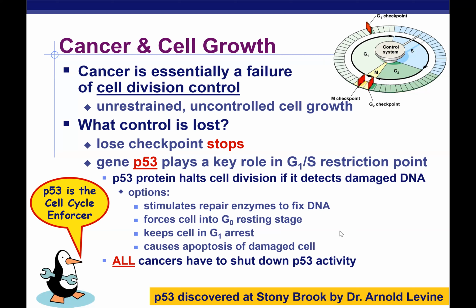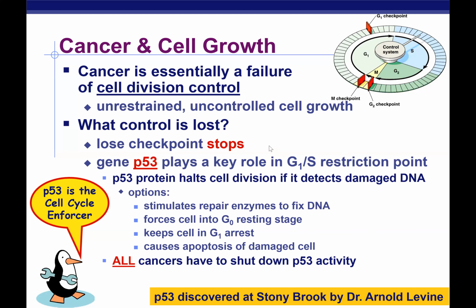We say it induces apoptosis in the cell, or it asks the cell to commit suicide. So this is what normal P53 does. When it finds the dividing cell's DNA is damaged, it first tries to repair it. If it is not able to repair it, then it causes the cell to die.